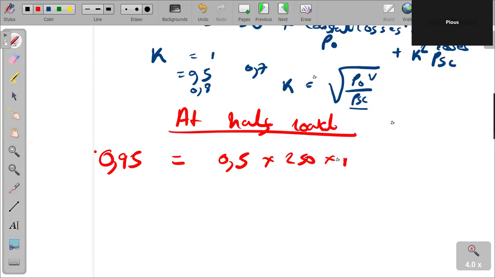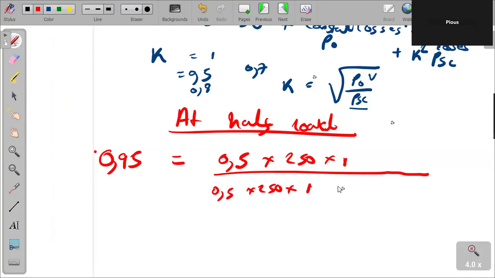We are just leaving it as 250 kVA, not times 10 to the power of 3, because we still have it in the denominator as well. So we can just use it as it is in kVA, divided by 0.5 multiplied by 250 times cos theta, which at unity power factor is 1.